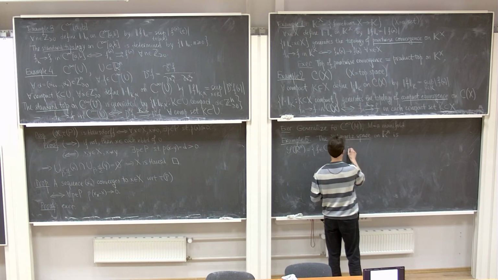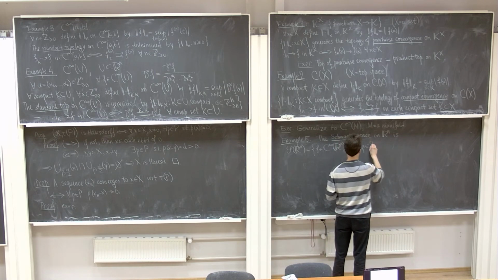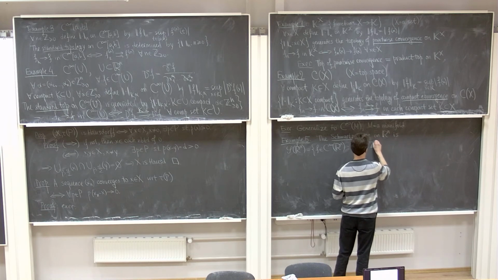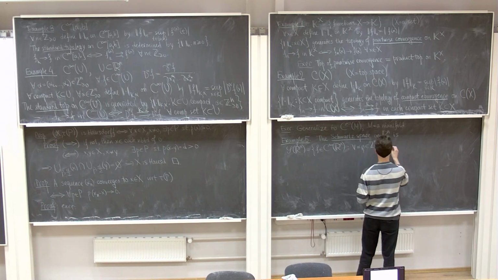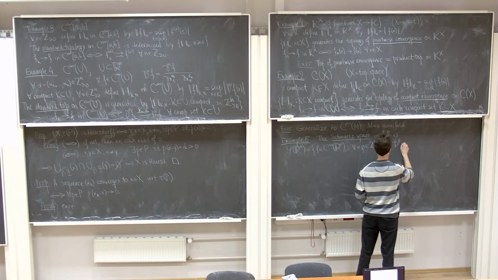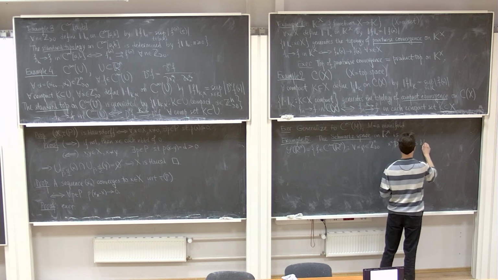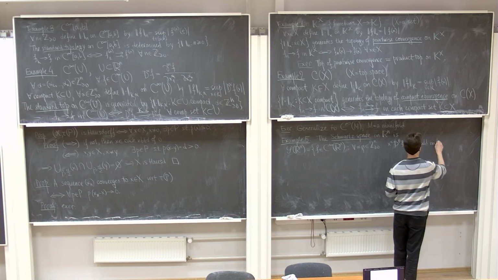such that for each pair of multi-indices alpha and beta, the function x to the power alpha d beta f of x is bounded on Rn.